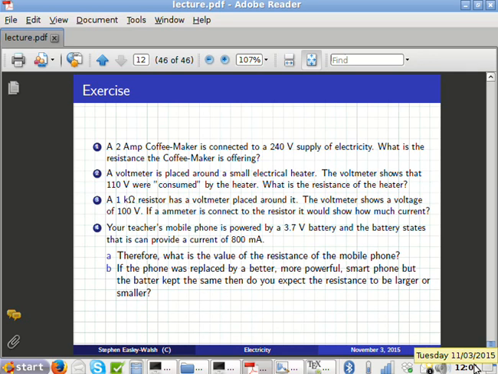Centi, 10 to the minus 2. Milli, 10 to the minus 3. Kilo, 10 to the 3. Do you remember this? Yeah. So if I have milliamps, like millimeters, it's like 10 to the minus 3 for milli.